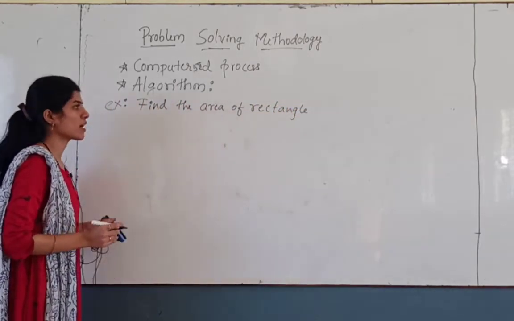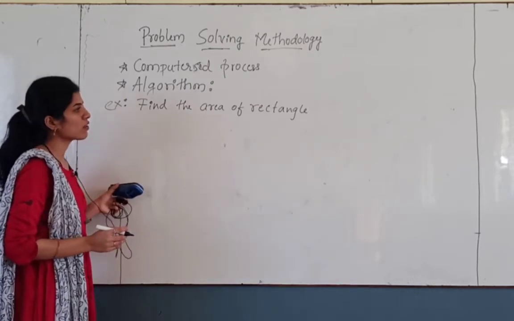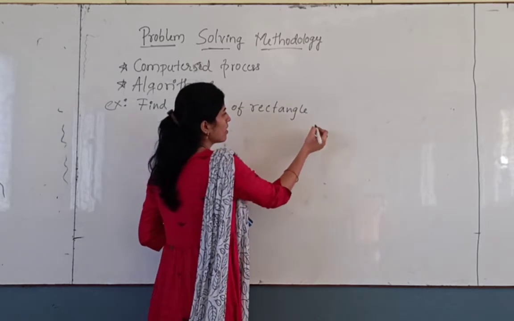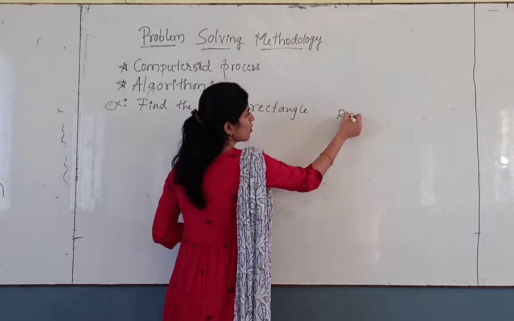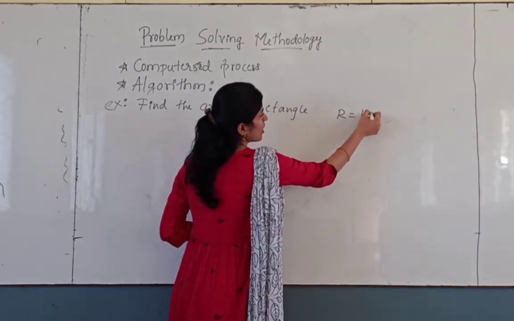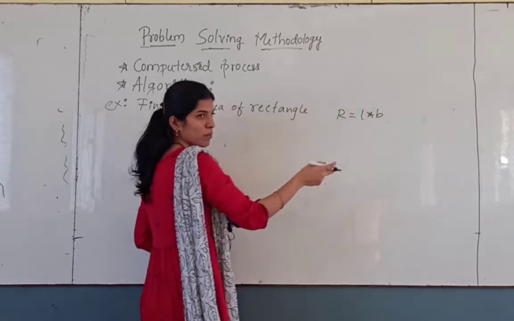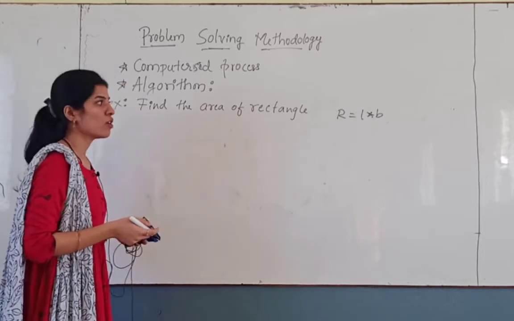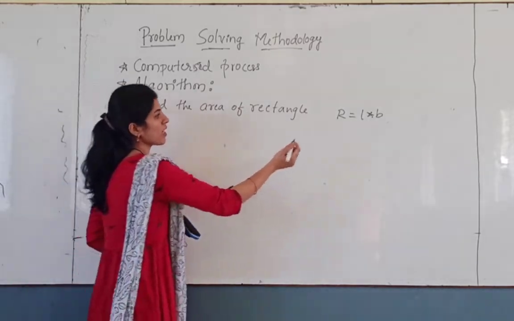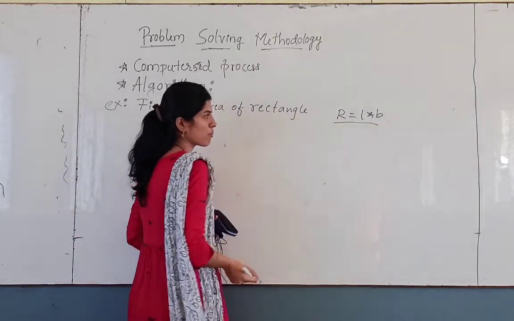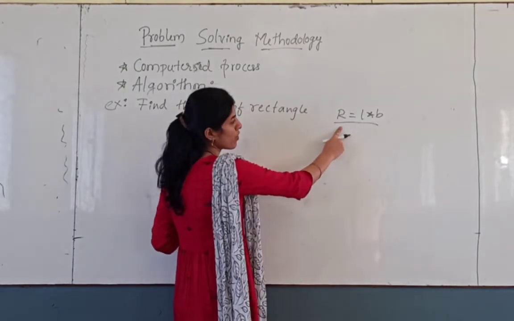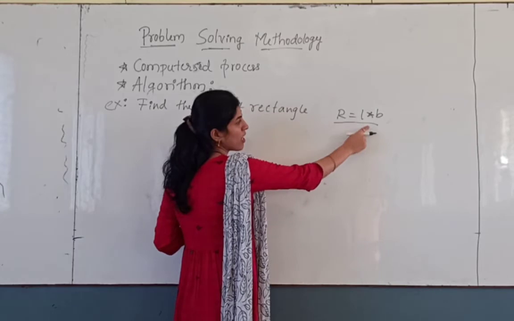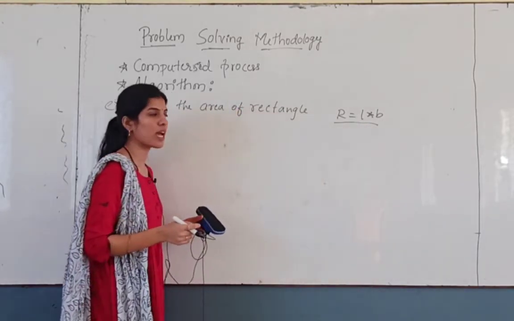For this you know how to find the area of a rectangle: area equals L into B, length into breadth. So using these variables we write the algorithm. How many variables do we require? 3. One is the resulting variable and the other 2 variables we have to calculate.